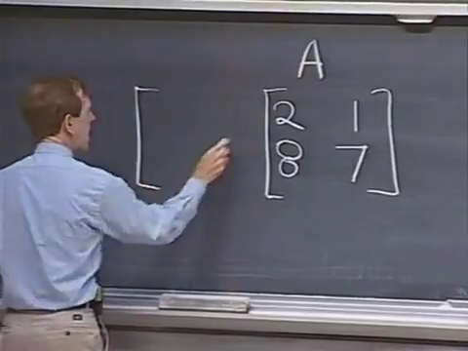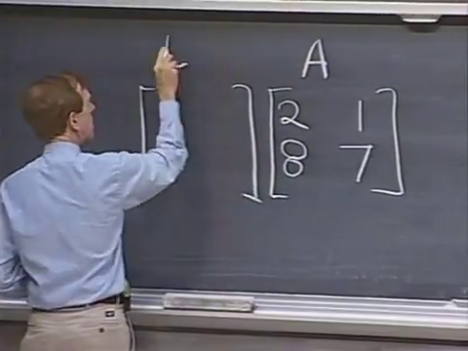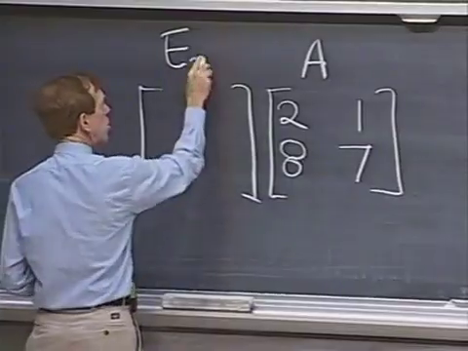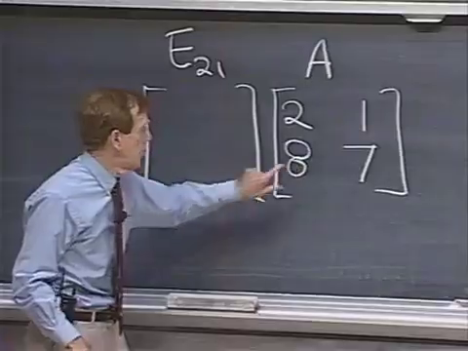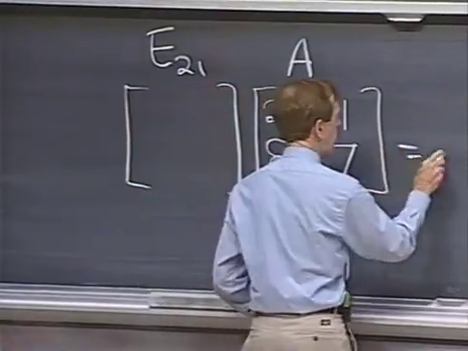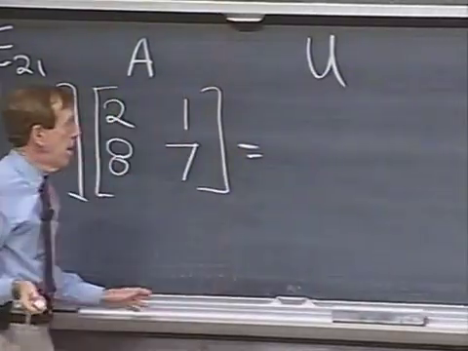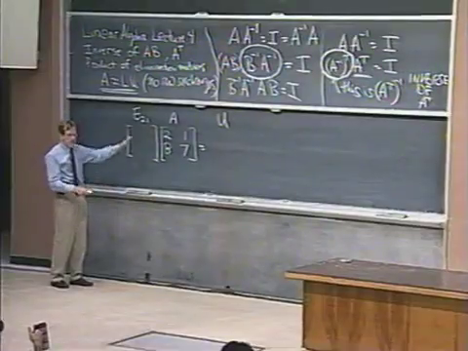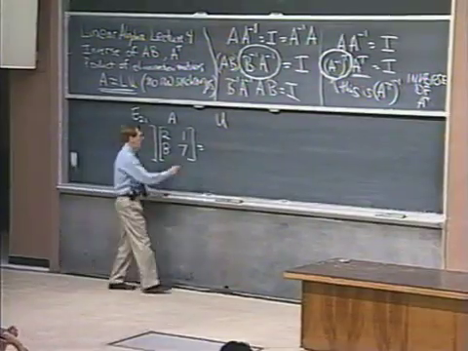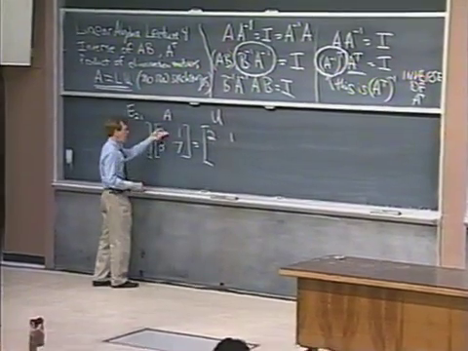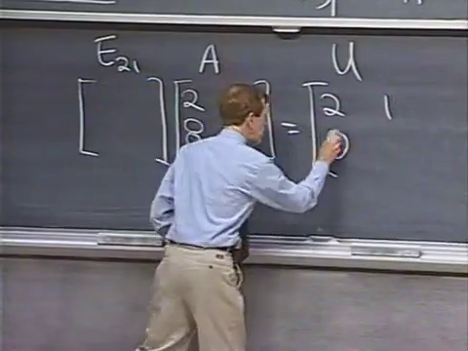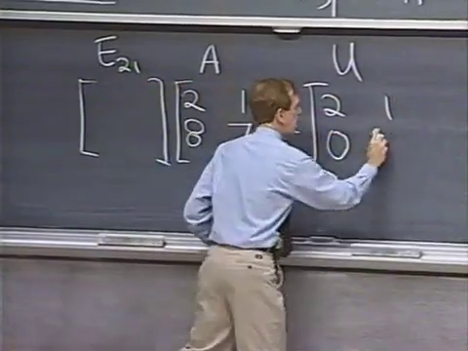Now I want to operate on that with my elementary matrix. So what's the elementary matrix? Strictly speaking, it's E21 because it's the one that's going to produce a 0 in that position, and it's going to produce U in one shot because it's just a 2 by 2 matrix. So 2, 1, and I'm going to take 4 of those away from those, produce that 0, and leave a 3 there.